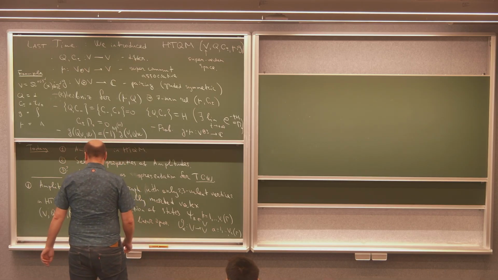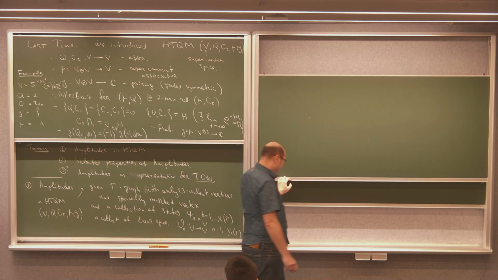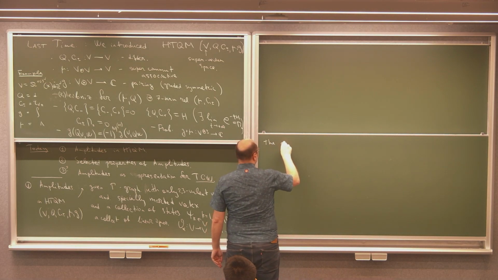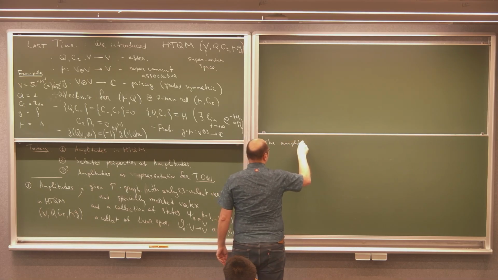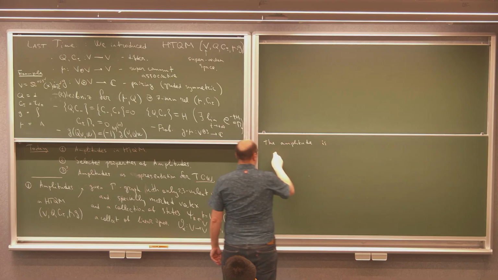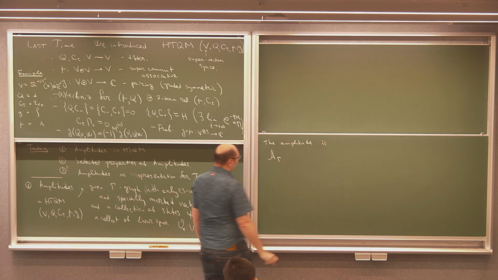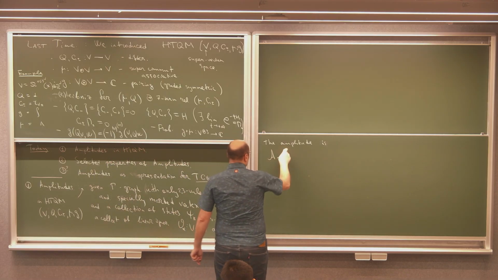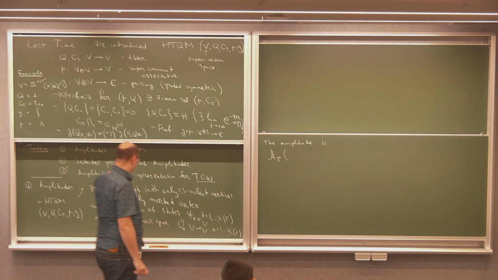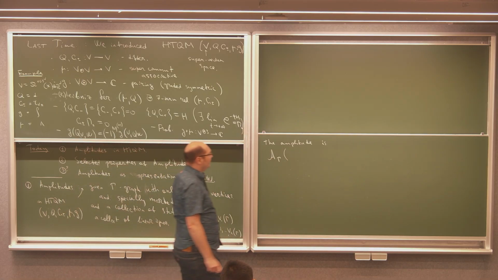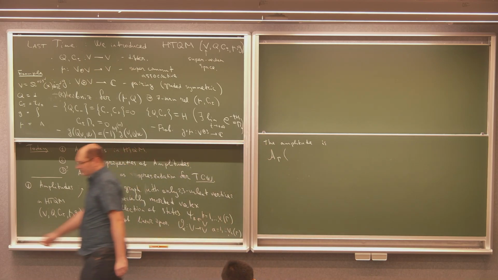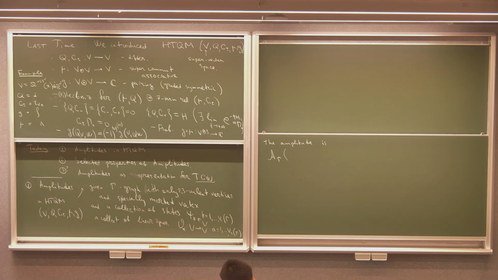So given all this data, the amplitude, we will denote it by capital A. We put subscript gamma to indicate on which graph we are computing the amplitude, and then we put the arguments. Let me check in which order I put them.